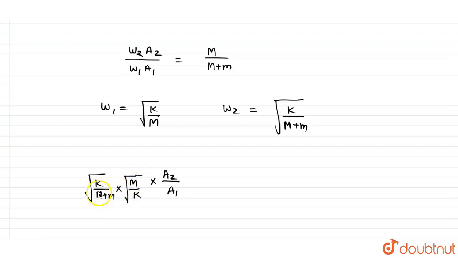Now you can see this root k cancels out. Here we have M by capital M plus small m.